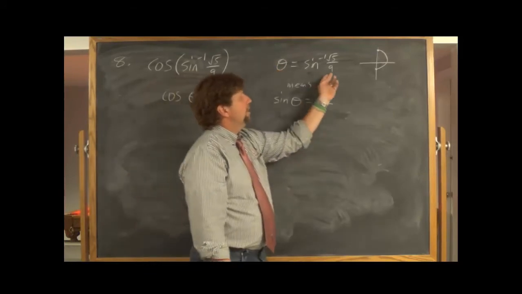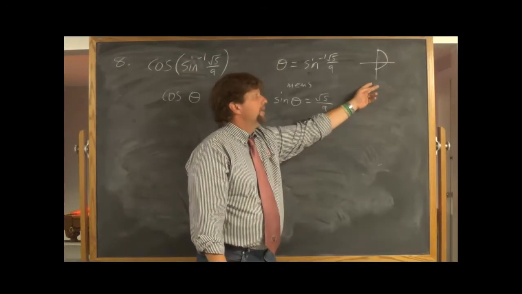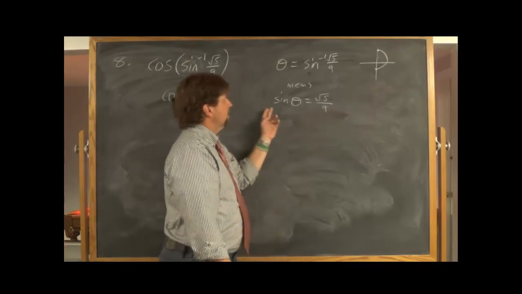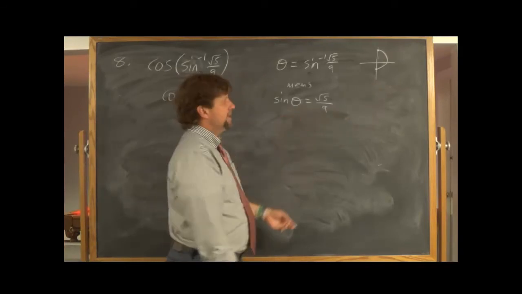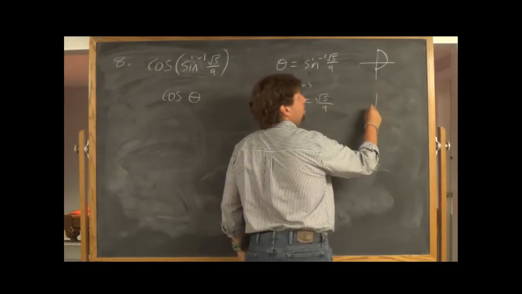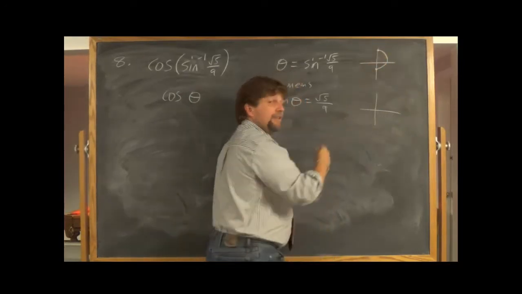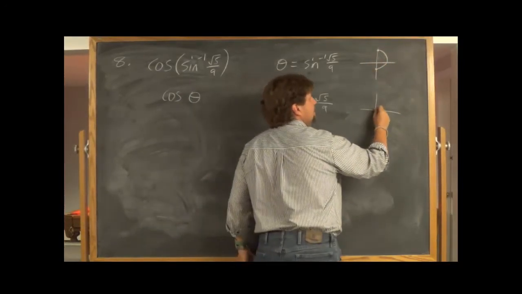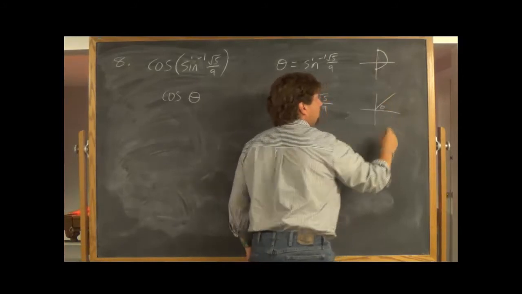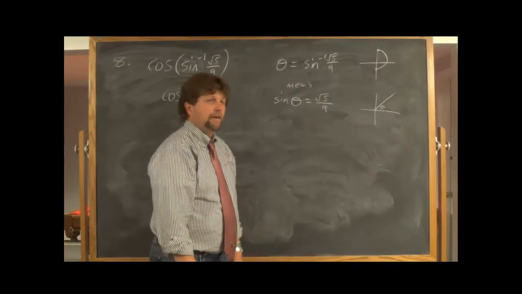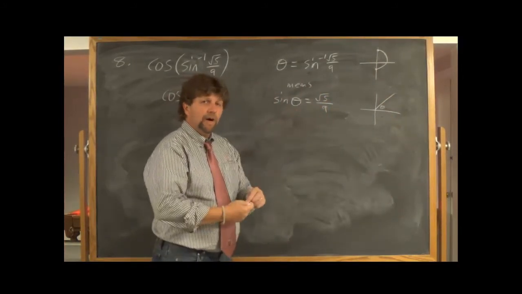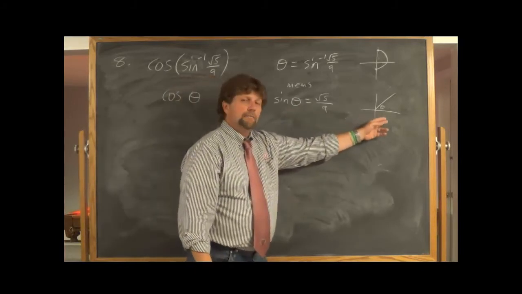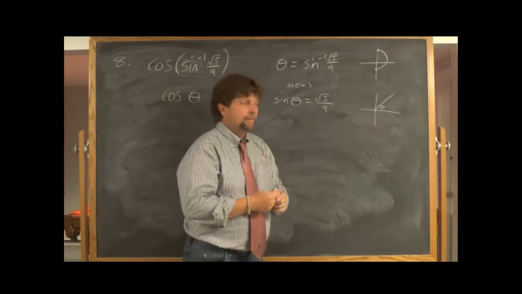If this equation is telling me I'm looking for an angle on the right half of the unit circle, it has to definitely be out here in quadrant 1, because sine is positive in quadrant 1. Sine is not positive in quadrant 4.